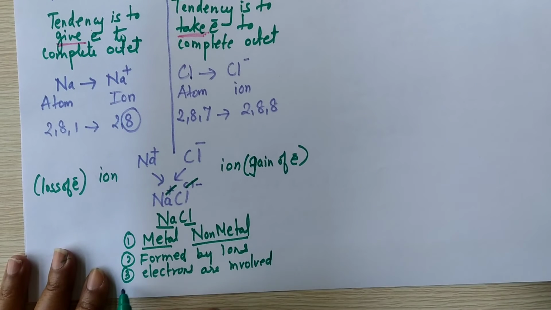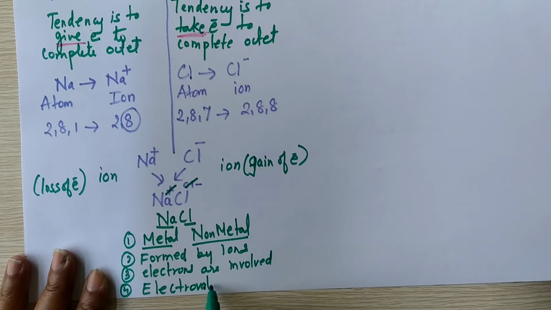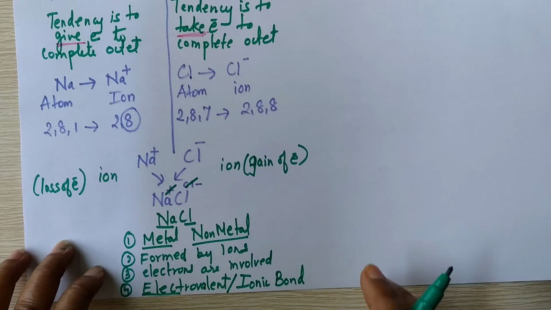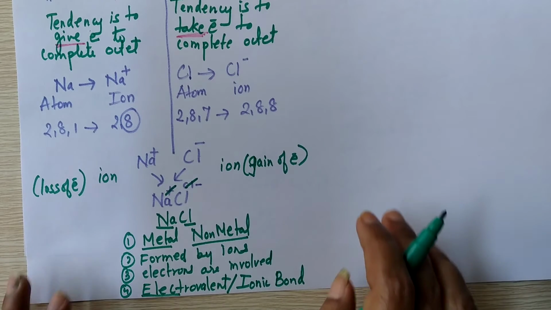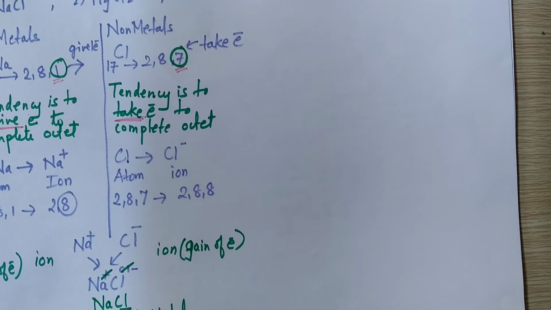So it is called electrovalent because electrons are involved, or ionic bond because it is formed by ions.